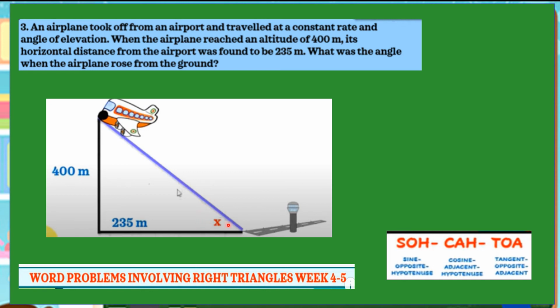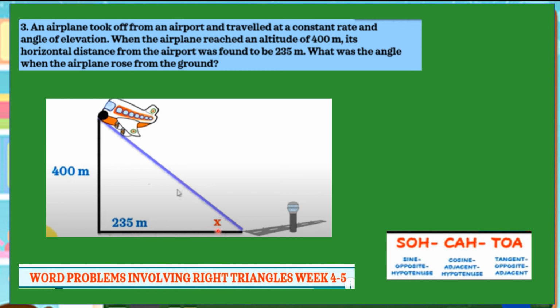Angle of elevation. So, pataas siya. Then, ang height or altitude, ang height ng ating airplane sa ground ay 400 meters. And, sinabi sa problem na from the airport hanggang doon sa nalipadan ng airplane ay ang distance ay 235 meters.